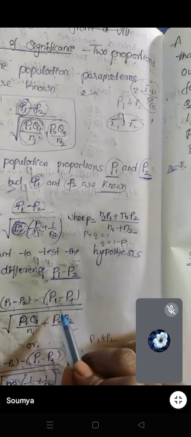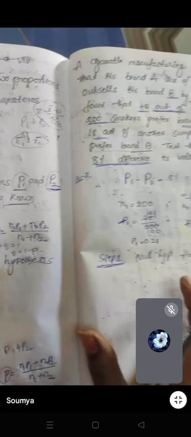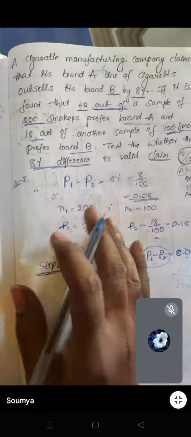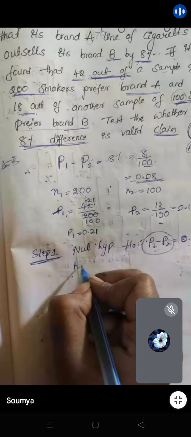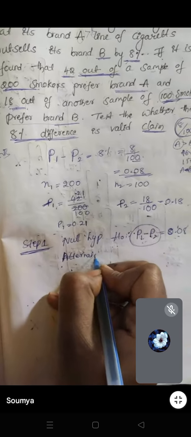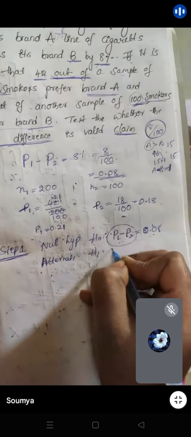According to the question, you will go for the formula. So understand the first question. What is the alternative hypothesis? H1.